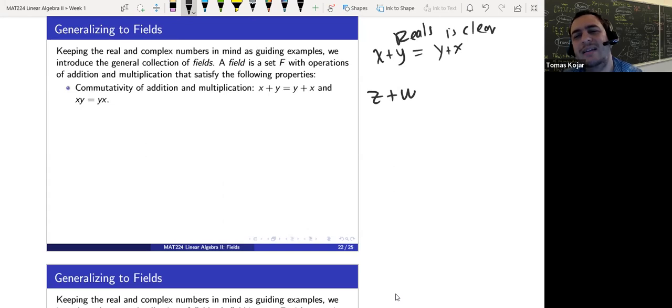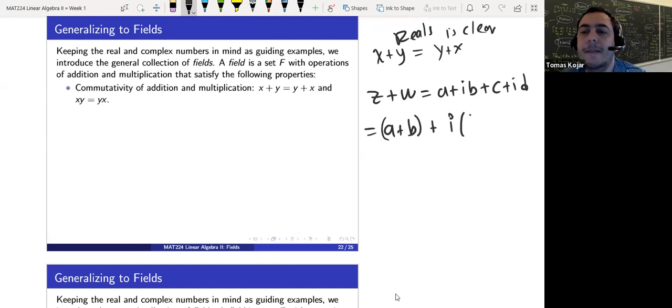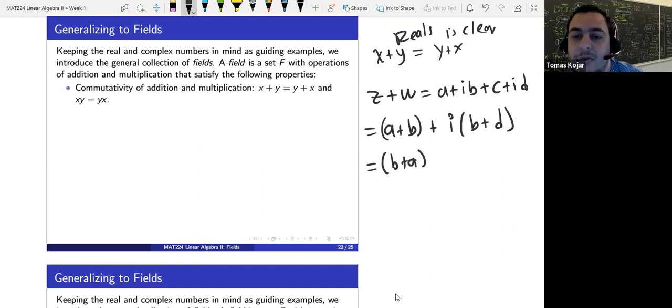You write it in terms of reals. So you have a plus ib plus c plus id. Okay, you group them together like this. Okay, and now you swap, because you can swap for the reals. So here we use commutativity of the reals.